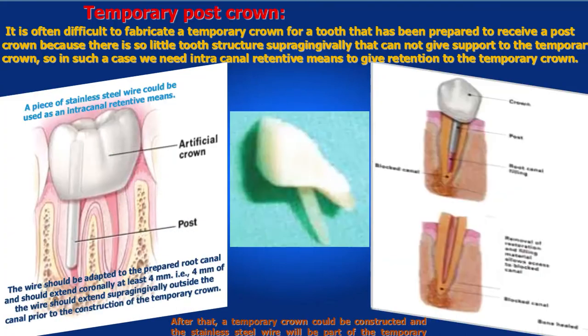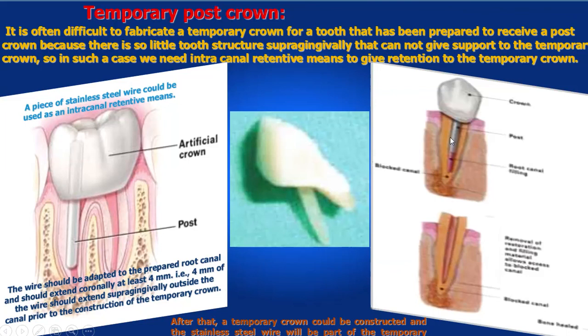For the temporary crown, as you know, when there is no coronal structure, or little tooth structure supragingivally, there is no support for the temporary crown. So in such a case, we need to use the canal to apply an intra-canal retentive means.